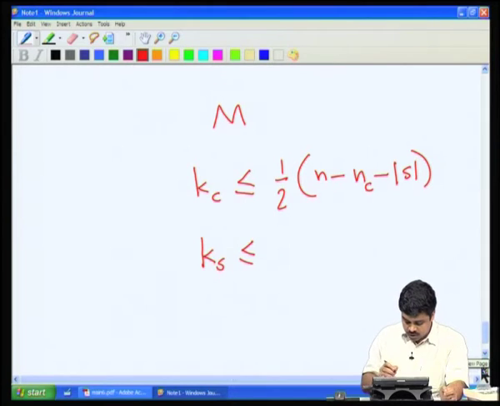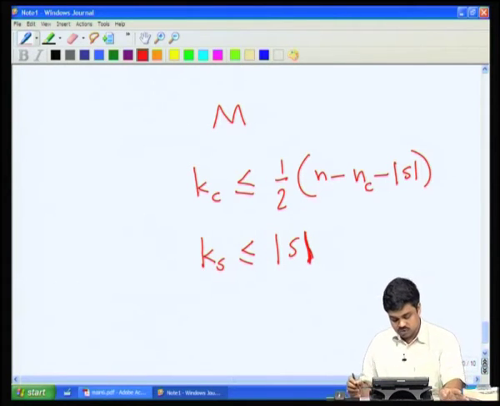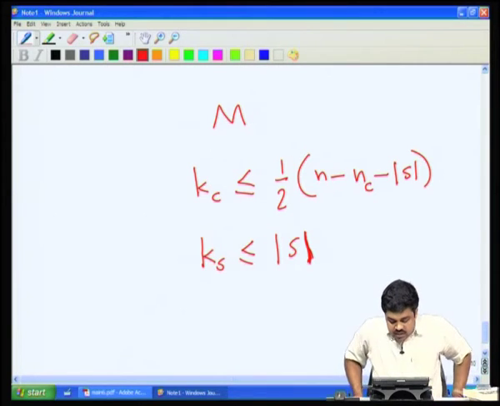If you are considering such kinds of edges, you can have only this many, because there are this many vertices in S. So even if each such matching edge is taking one vertex from S, we will see that Ks is less than or equal to the cardinality of S.